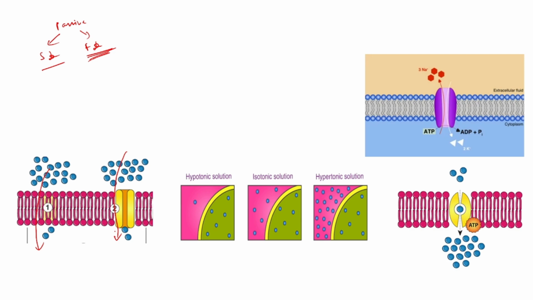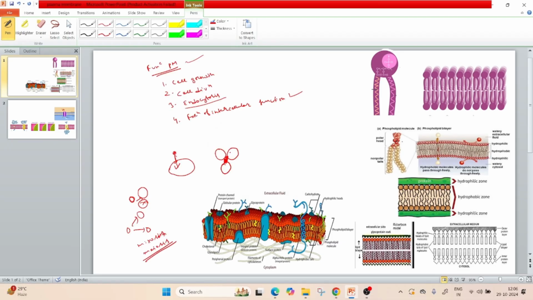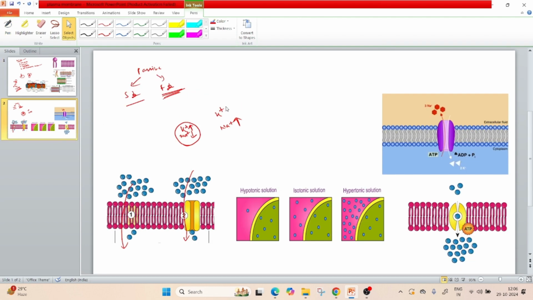But what if, let us say this is the cell, always inside the cell the sodium concentration is very low and the outer side the sodium concentration is high, and always inside the cell, in any cell, the potassium concentration is high, and in the outer surface the potassium concentration is low.